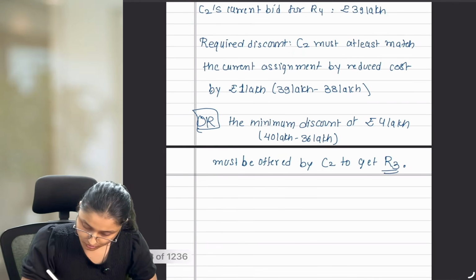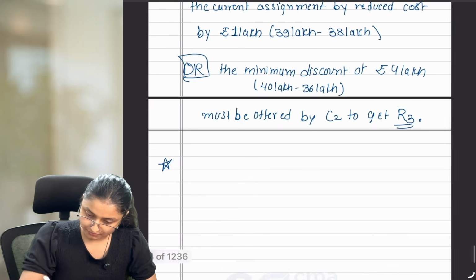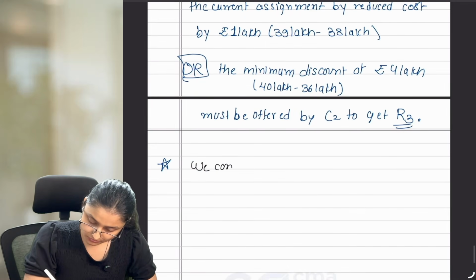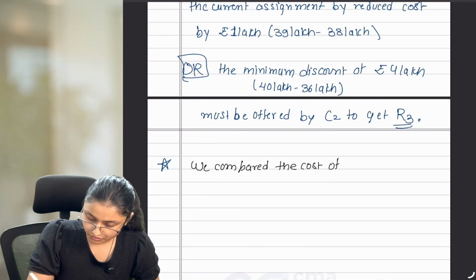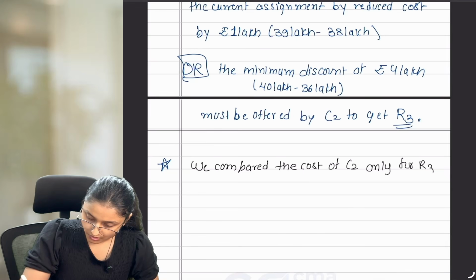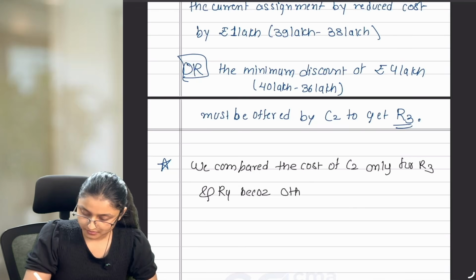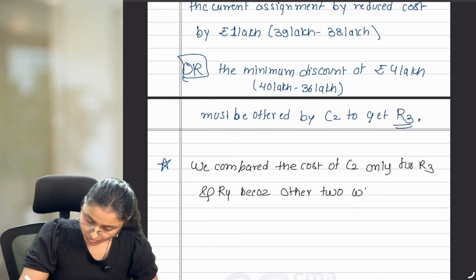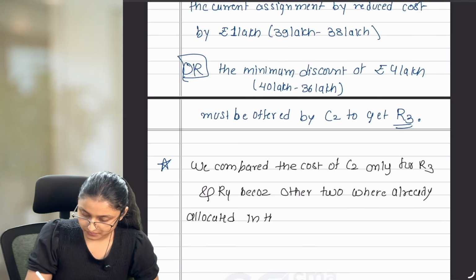Now let's write a note on why we have taken only R3 and R4 and not the remaining ones. We compared the cost of C2 only for R3 and R4 because the other two were already allocated in the question.